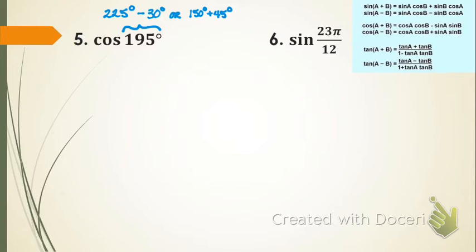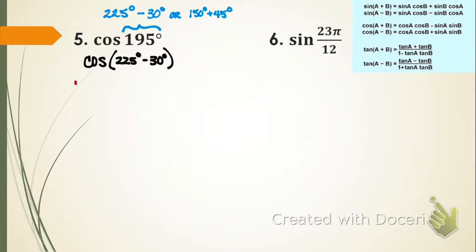So I'm going to write cosine of 225 degrees minus 30 degrees. How does a cosine addition or subtraction formula start? Cosine times cosine.